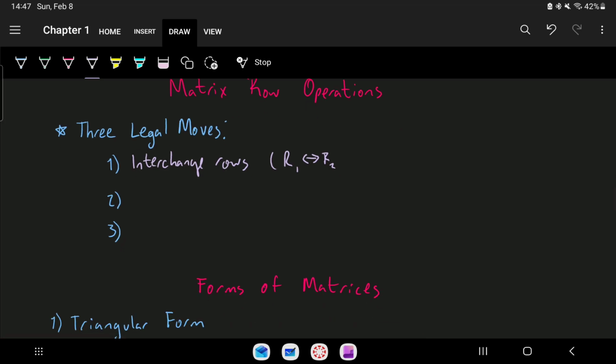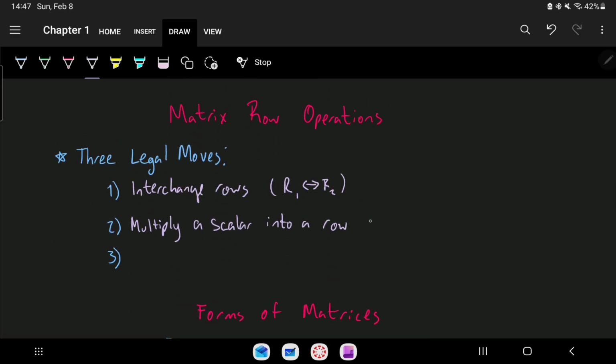You can also multiply a scalar into one of the rows. And a scalar is just some number. So we're going to say row 1 goes to some number C times row 1, and that is legal.